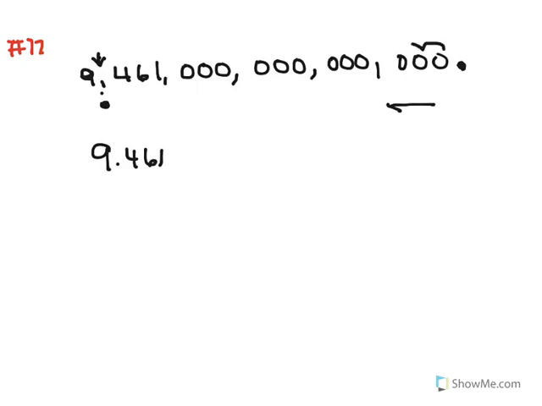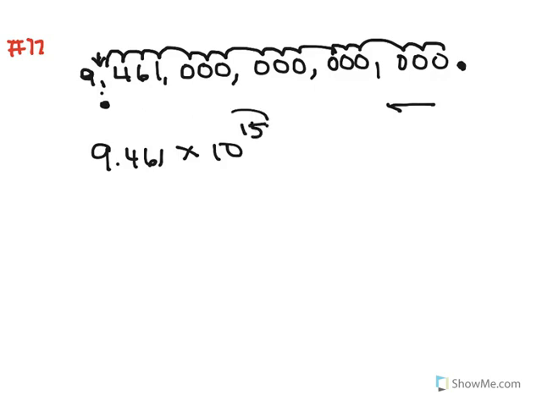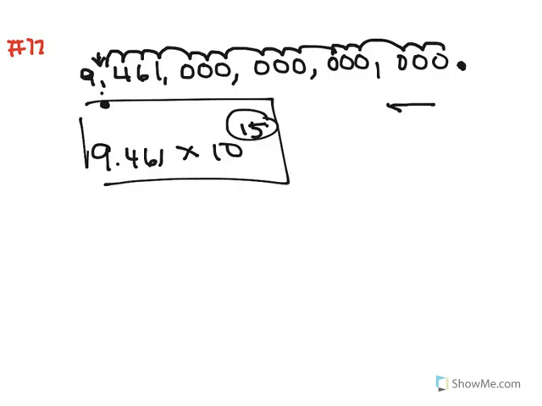So 1, 2, 3, 4, 5, 6, 7, 8, 9, 10, 11, 12, 13, 14, and 15. So that's times 10 to the 15. And it's positive because this number is very, very large.